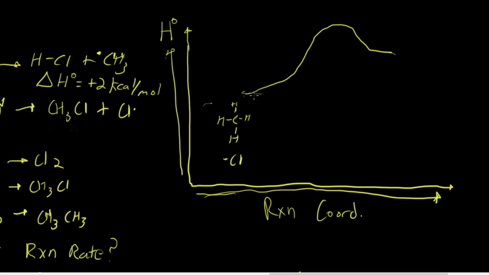So this is the product here. So this is plus 2 kilocalories per mole. And the activation energy to reach the transition state, remember, it's denoted E sub A, and that's just the energy difference, or the enthalpy difference between the reactants and the transition state. In this case, it's 4 kilocalories per mole.